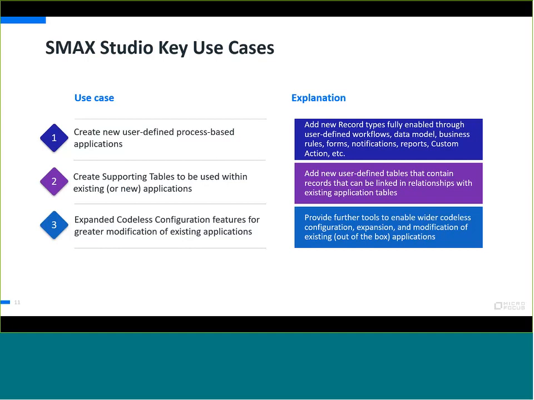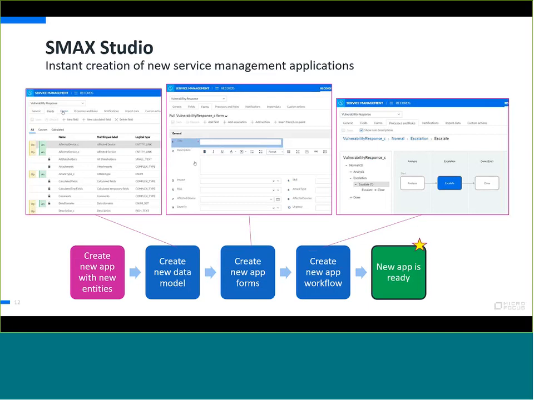So just a few screenshots here to help explain what I was trying to talk about in words. If you want to create a new application, your first step is going to be to use the field area. You create a table, you link it into the menu structure, and then you define your fields. Here we show the vulnerability response table that was created, and you can see a list of fields here.